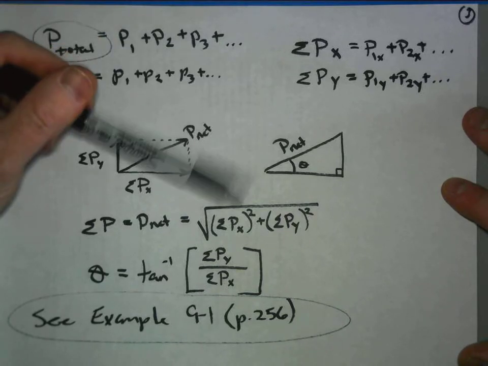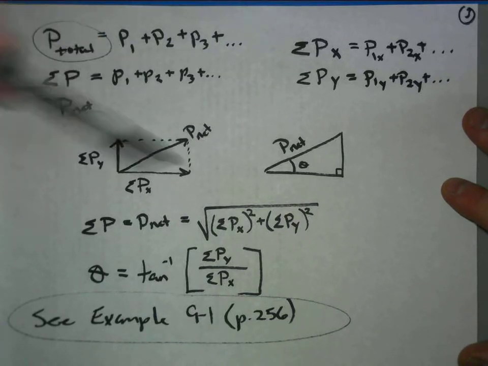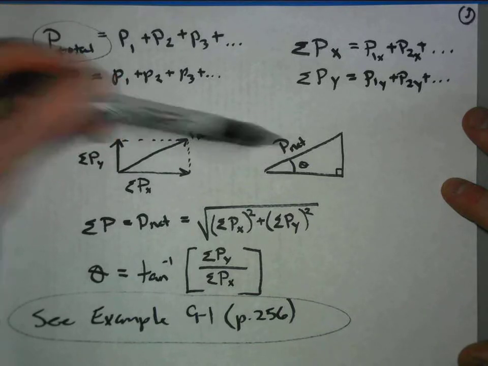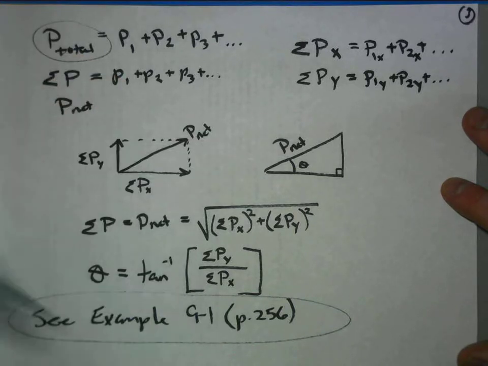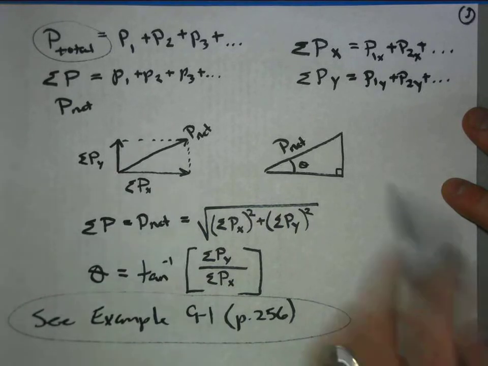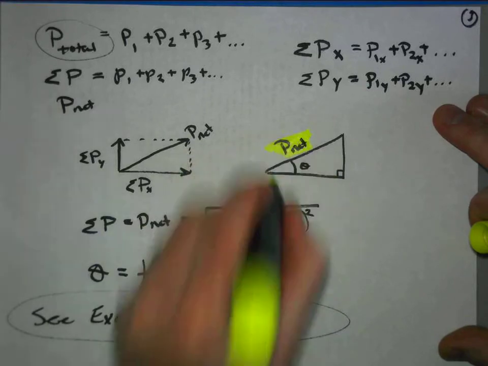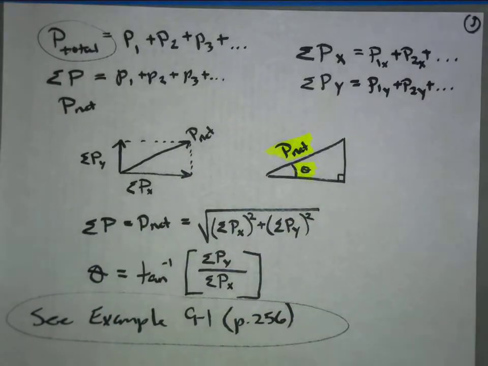You would have the sum of components, so that gives you the x and y components of a total, and you find the angle, which gives you the direction. That way you're getting both the magnitude and the direction of that vector. Very important.